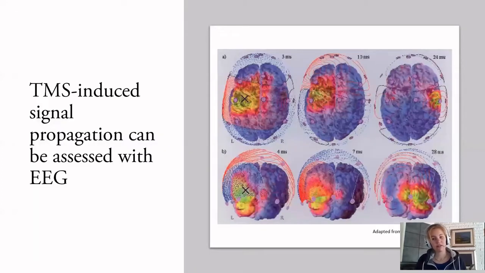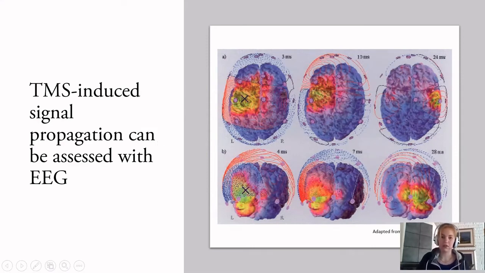When you stimulate a cortical region with transcranial magnetic stimulation, the initially local responses first spread within 5 to 10 milliseconds to adjacent cortical areas and then to contralateral homologous areas after about 20 milliseconds. This has at least been shown for stimulation of the primary motor cortex, shown in this upper row here, and the occipital cortex, shown in the bottom row.